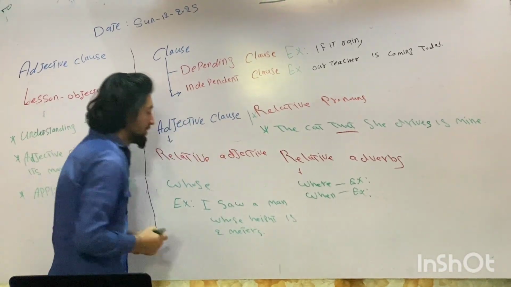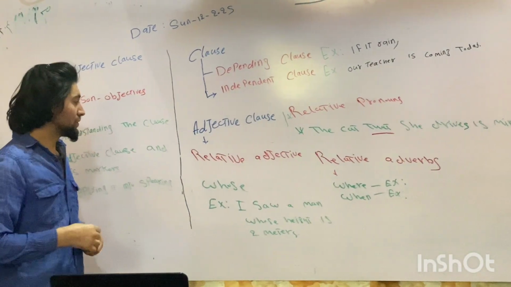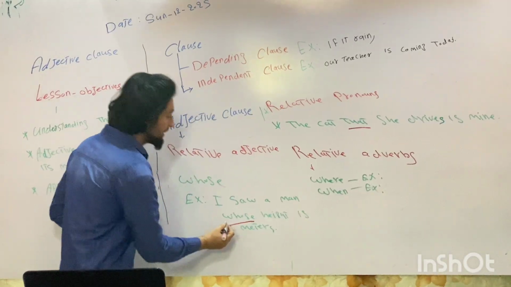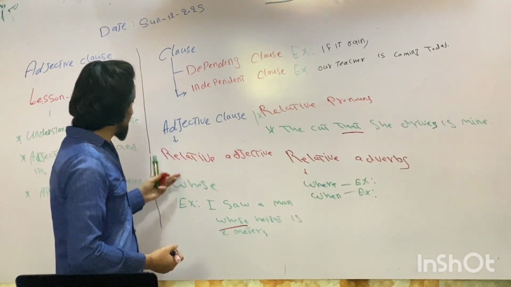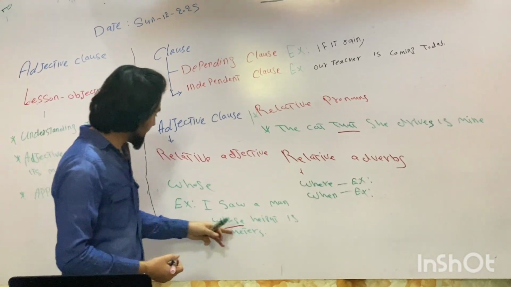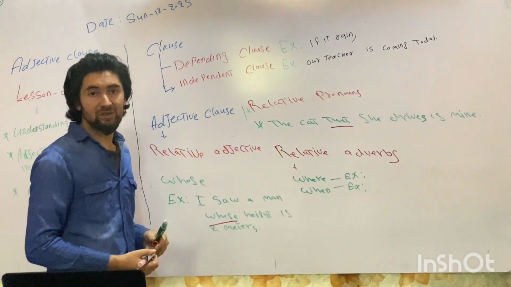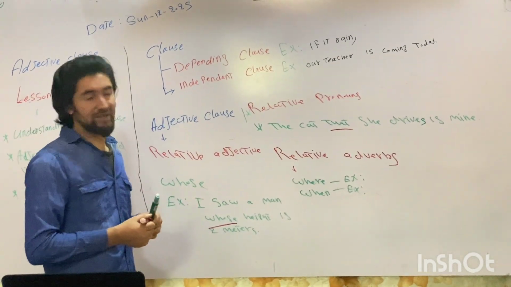So whose here identifies the relative adjective and it refers to a man, okay? It shows possession or ownership in the sentence.